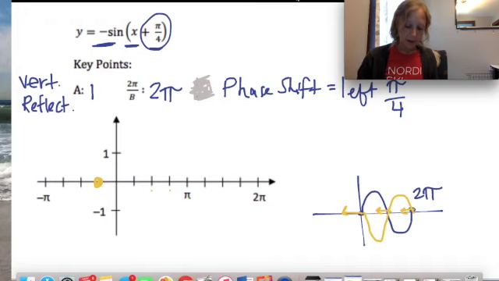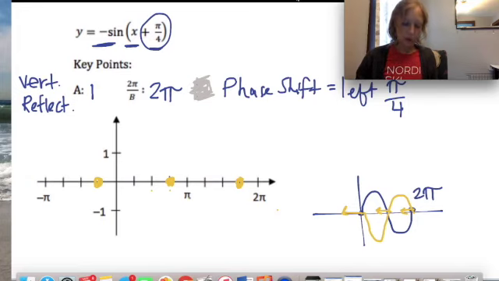I'm not going to end my graph at 2 pi. I'm going to end it pi over 4 left of that. My other x-intercept will not be at pi. Again, it's going to be left of that at pi over 4. Or 3 pi over 4.